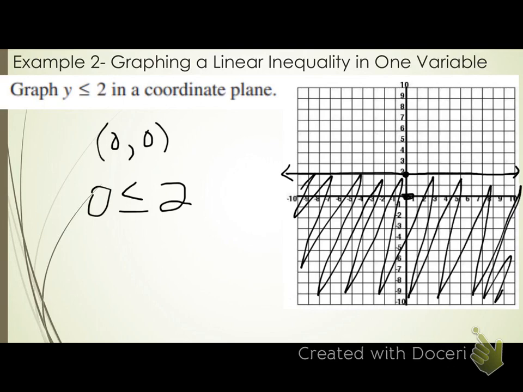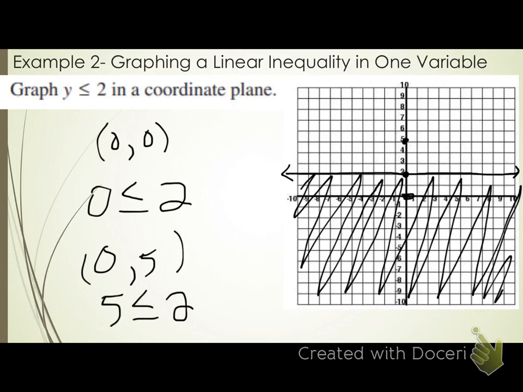Does that make sense? How do you get the test point again? You get to pick the test point, just any point that's not on this line. So you could have picked 0, 5. What would I have plugged in for y? 5.